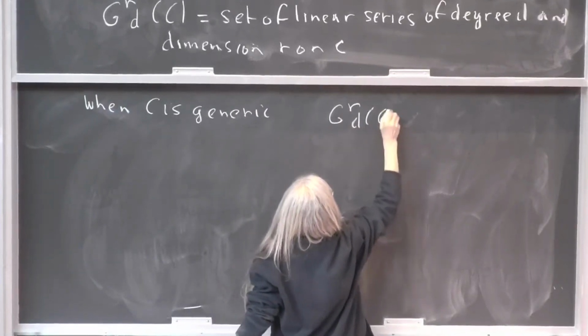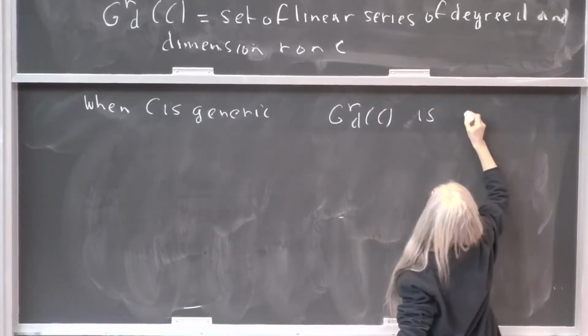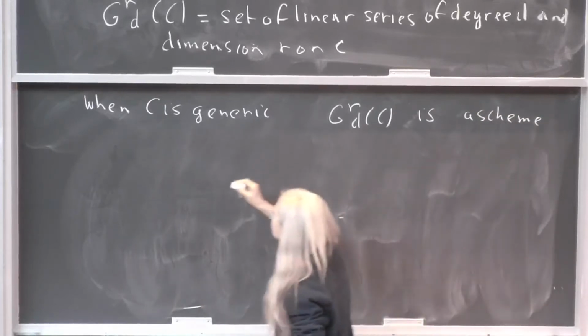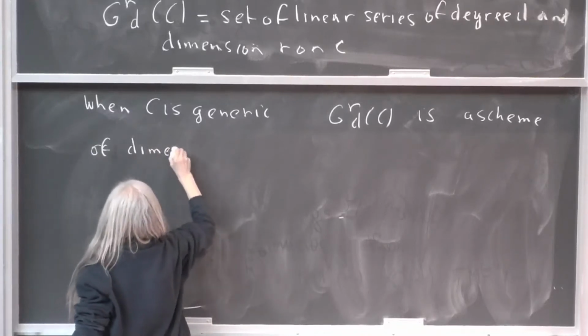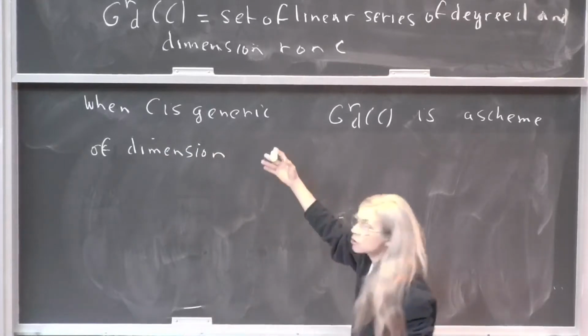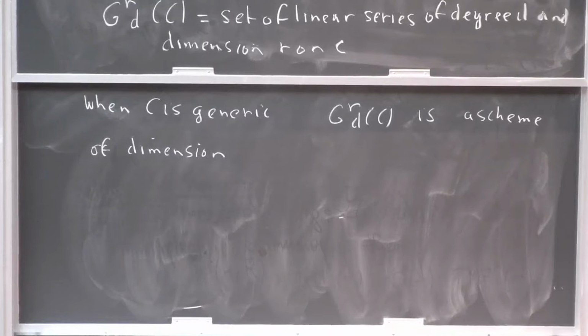G^r_d of C is a scheme of dimension a number which is going to depend on the genus of the curve, r, and one more invariant that I probably didn't introduce, which is the degree.